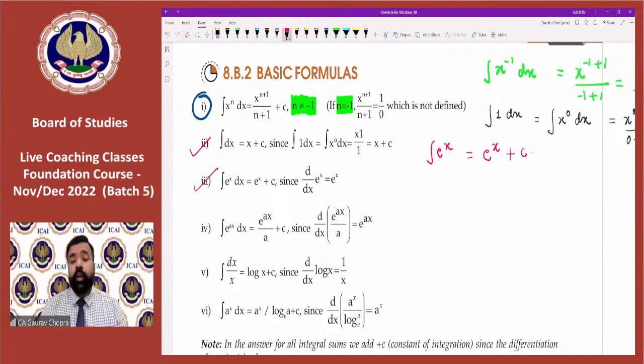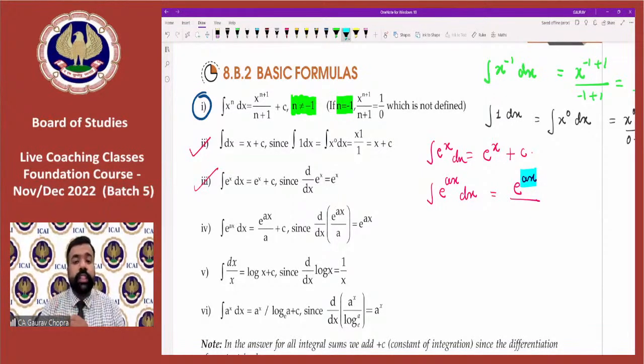Now, if some values are attached with e, then what will happen? So now, if the formula says e to the power of ax, how to integrate this? So first of all, we will write e to the power of ax as it is. Now we have to divide by the differentiation of ax.